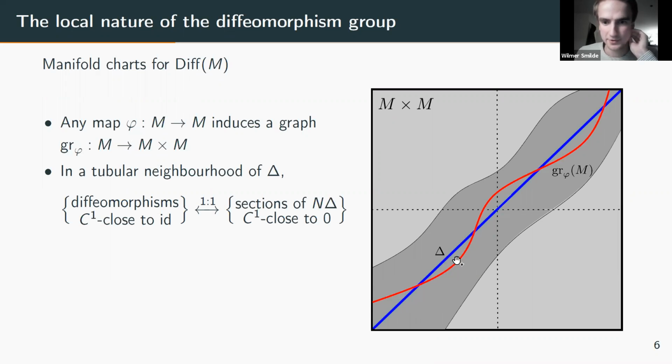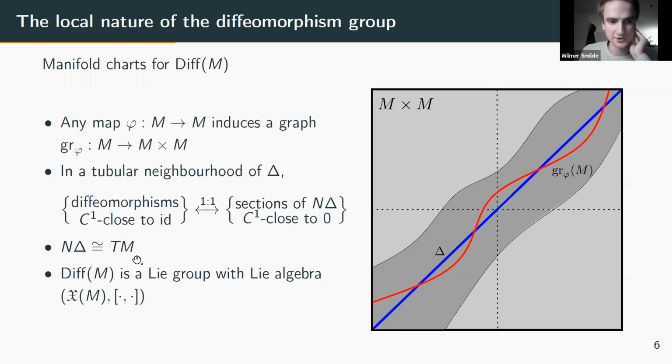Now, look at a tubular neighborhood of the diagonal, which is exactly the graph of the identity. You can identify those submanifolds nearby that look like a graph with sections of the normal bundle. So you get an identification of diffeomorphisms that are close by with sections, which form a linear space, a vector space. Now, finally, by the observation that the normal bundle is exactly the tangent bundle, you have modeled your diffeomorphism group around the identity on the space of vector fields, which is exactly what we want.